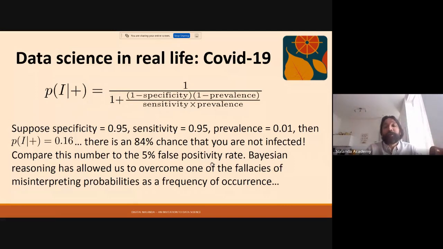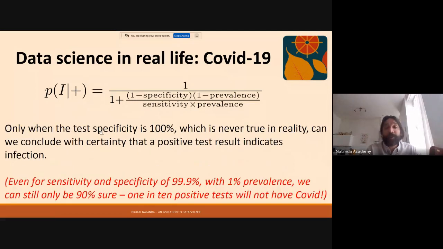The way the lab proceeds is that it just repeats. If you've tested positive, there's only a 16% chance you actually have COVID, so let's just do the test again. And by the way, to emphasize, even with very, very accurate tests, with 1% prevalence you can only be 90% sure.